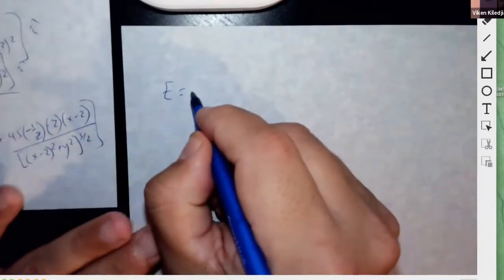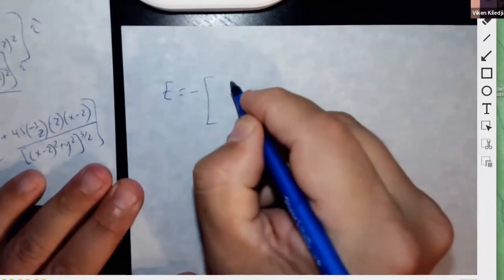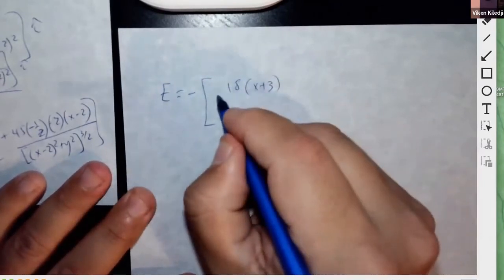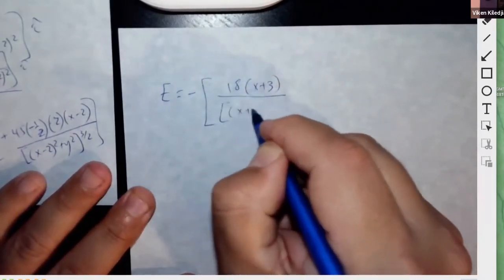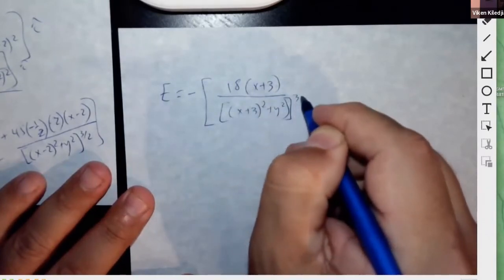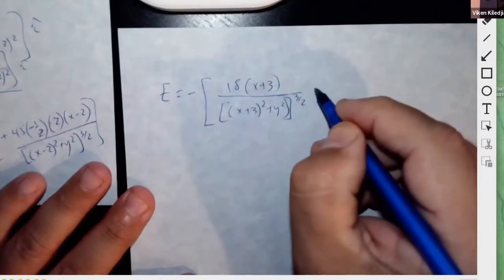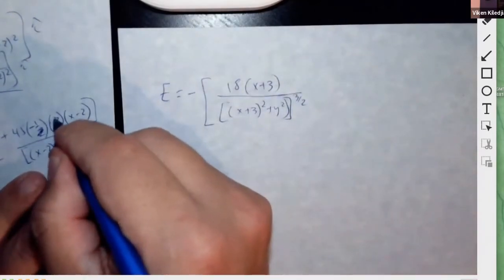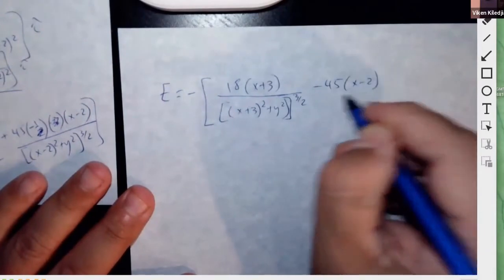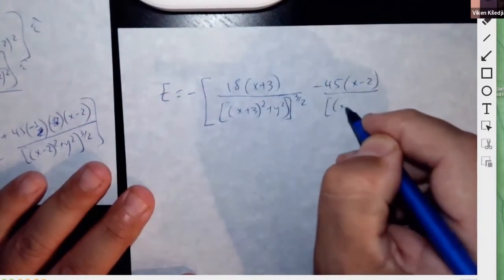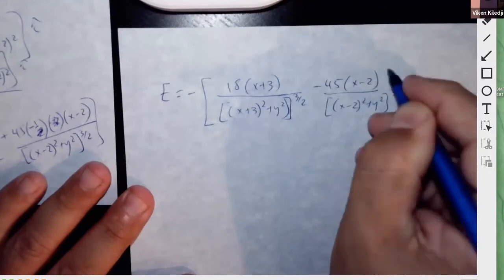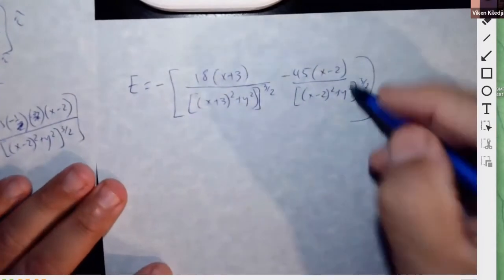So negative 18 times x plus 3 over x plus 3 squared plus y squared to the 3/2, minus 45 times x minus 2 over x minus 2 squared plus y squared to the 3 halves, and then i hat.